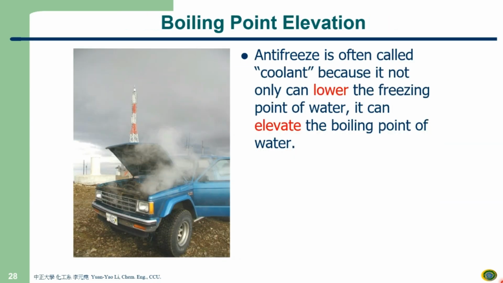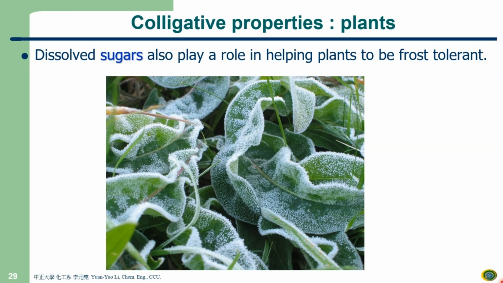And the coolant, if you have your car or your motorbike, and you go to a very cold place, the coolant is liquid, right? If the coolant liquid is at 0 Celsius, the liquid becomes solid. Your car is gone, right? So you put chemicals into that, so you don't have that problem.